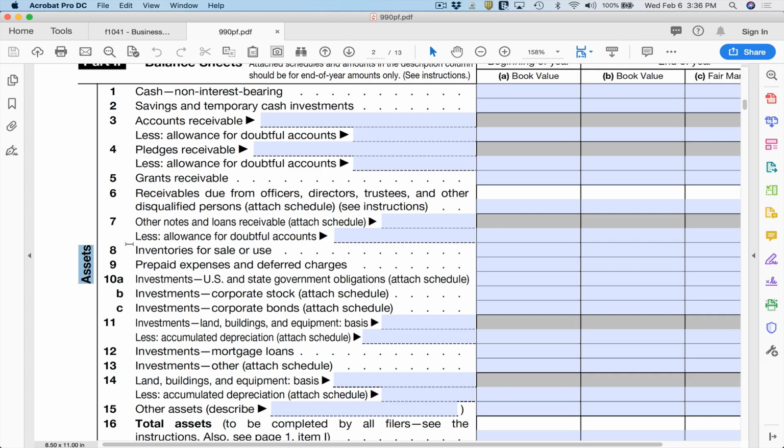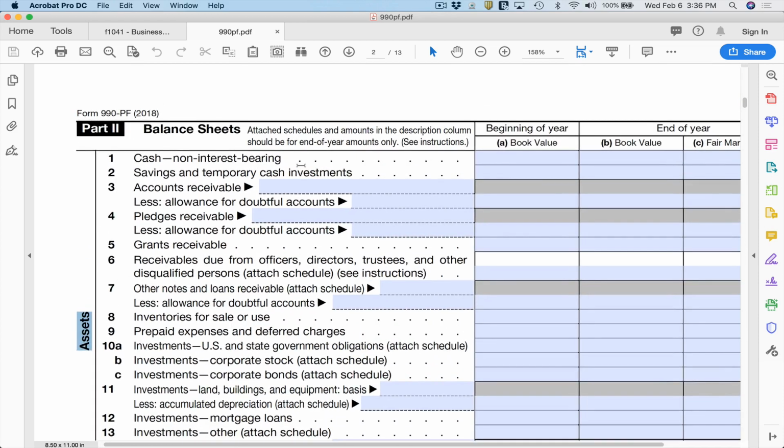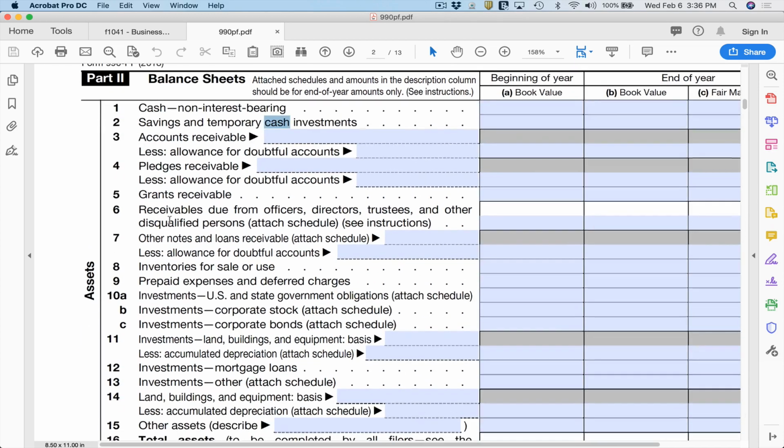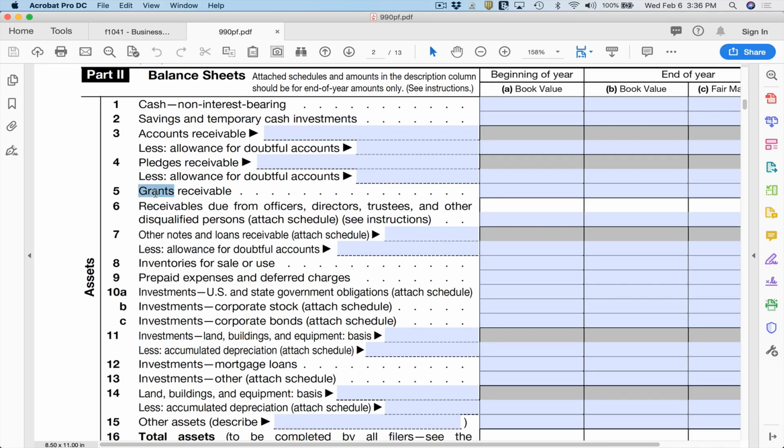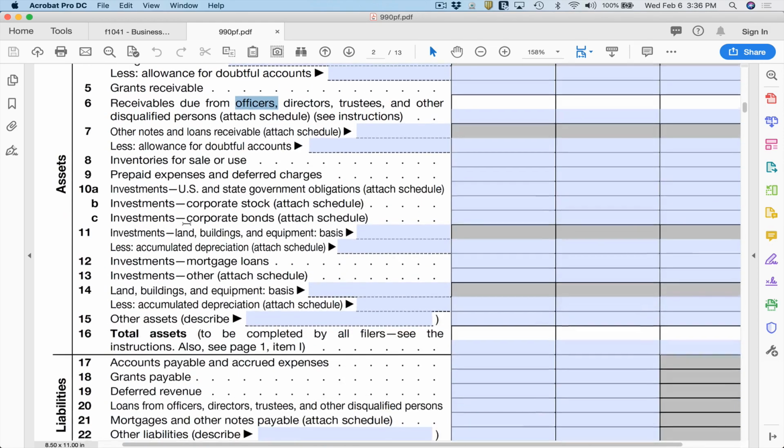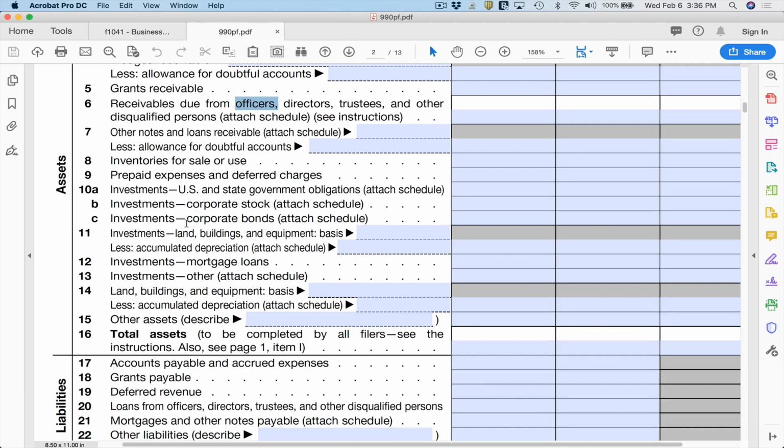And some of those assets can be savings or cash. It can be receivables due from trustees and directors and other people that are disqualified, that aren't necessarily associated with the foundation, that aren't benefiting from the foundation.